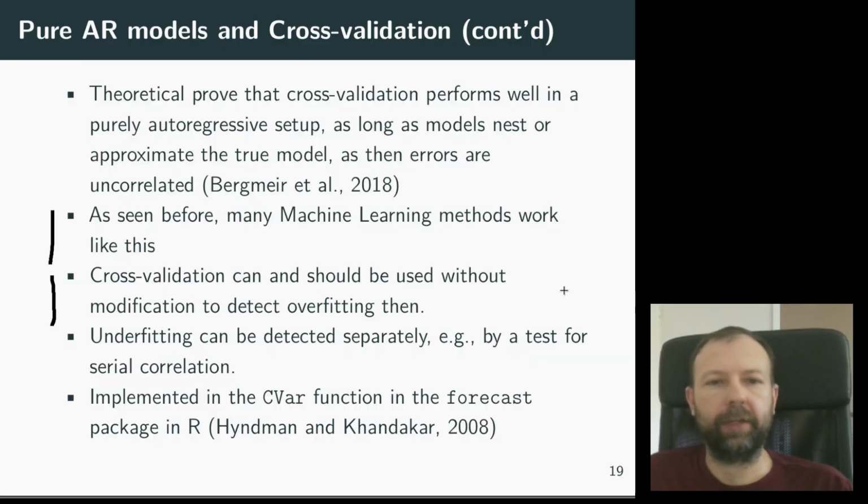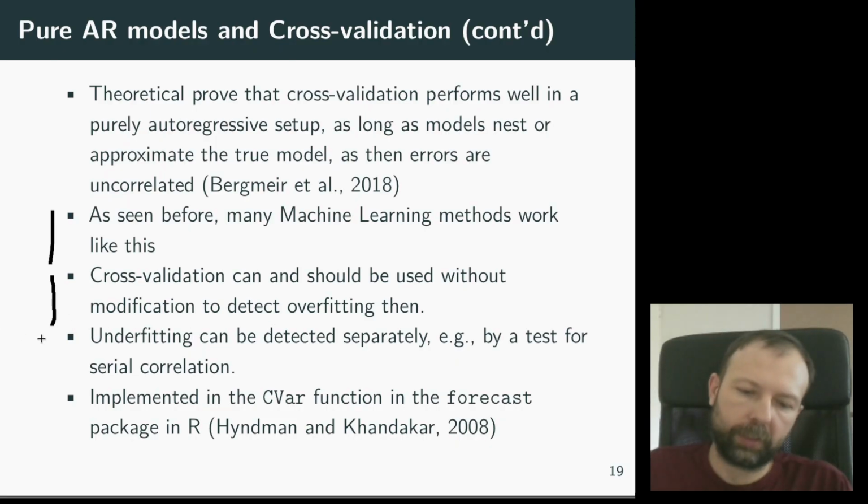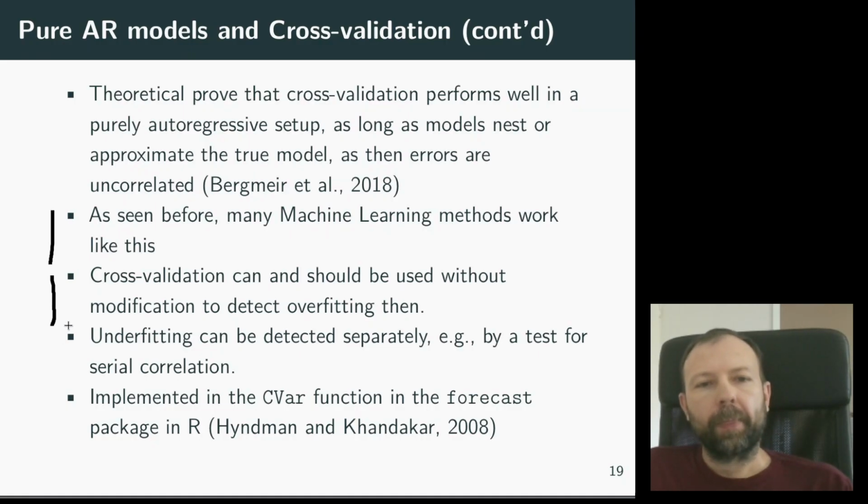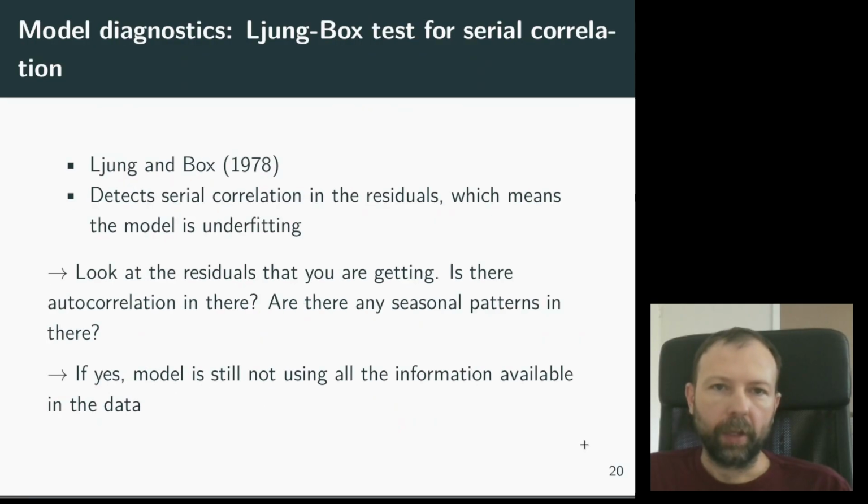It's not as bad an idea as it might sound at the beginning. It still works fine to detect overfitting, because then your residuals are uncorrelated. And underfitting, you can detect that easily anyway. So it's usually all about detecting the overfitting, because underfitting, you can detect just with a test for serial correlation. And this procedure is actually implemented in the CVAR function in the forecast package in R, for example.